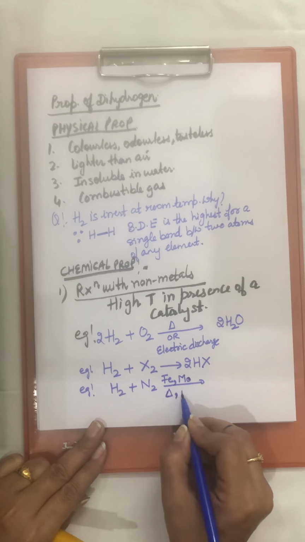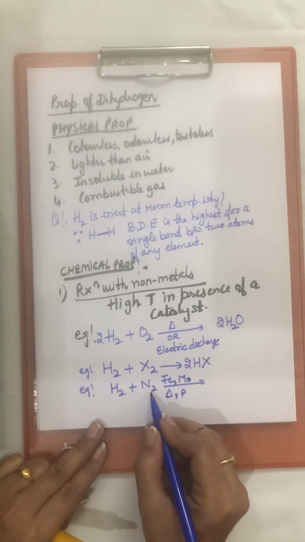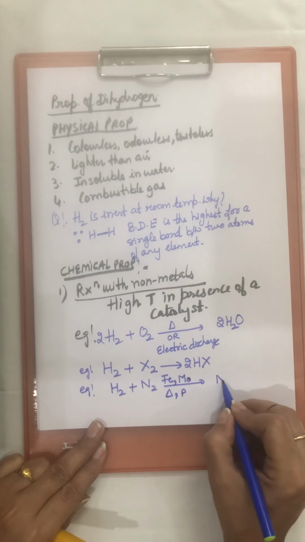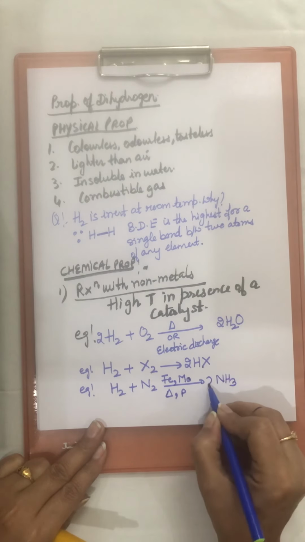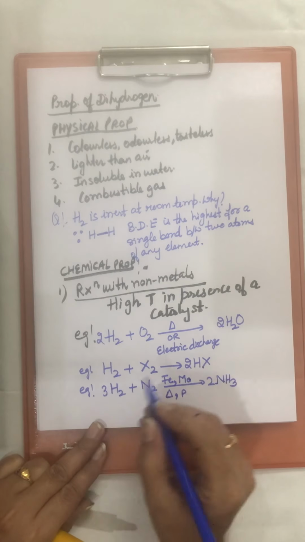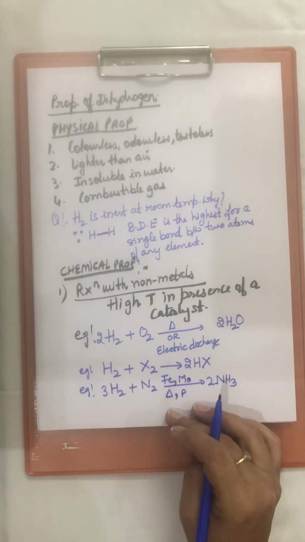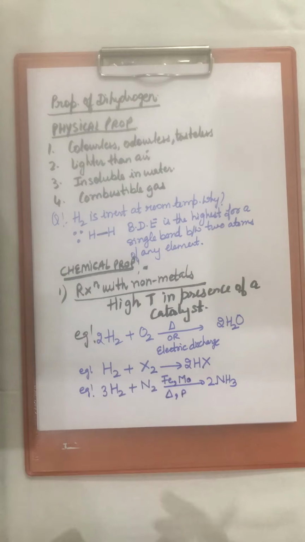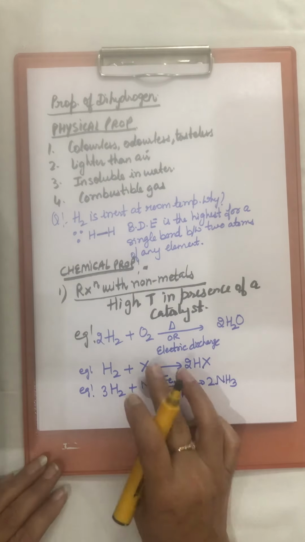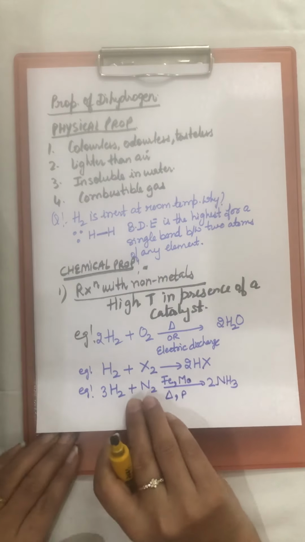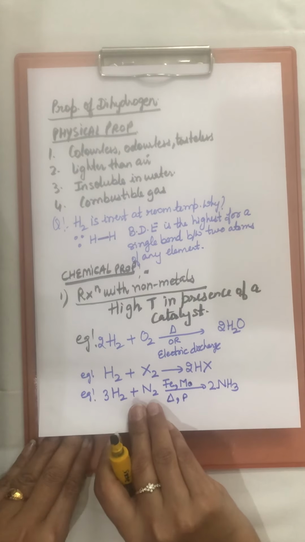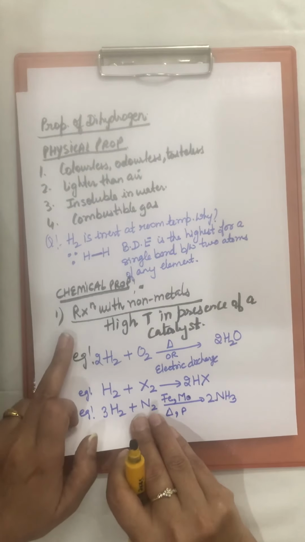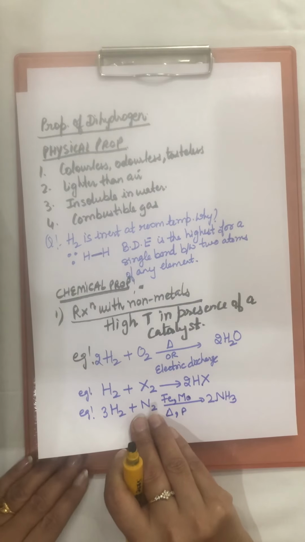On heating at high pressure, the two react with each other to form ammonia. So these are the three examples of reaction of hydrogen with the non-metals: oxygen, halogen and nitrogen. This is the first chemical property of hydrogen, that is reaction with non-metals.